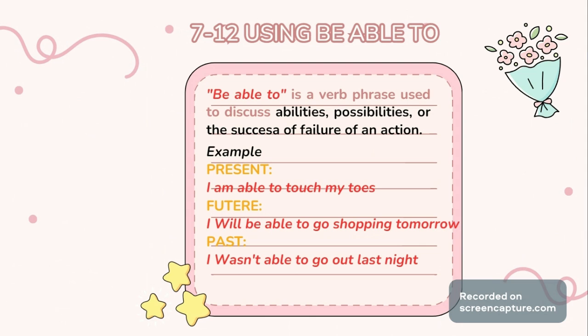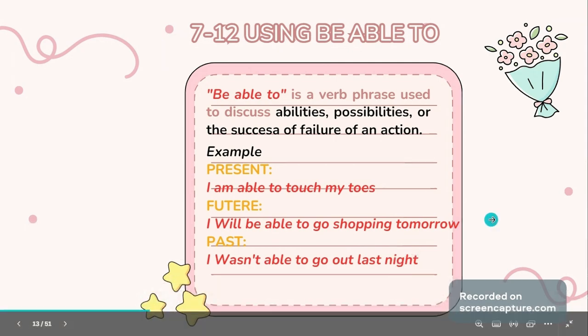So the speaker is able to touch his or her toes. For the future, we have: I will be able to go shopping tomorrow. Will be able. Tomorrow indicates future plans. And for the past: I wasn't able to go out last night. Wasn't and last night indicate the past.